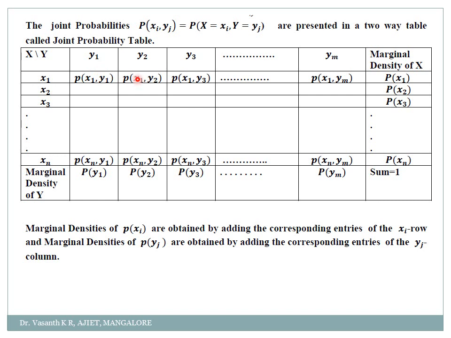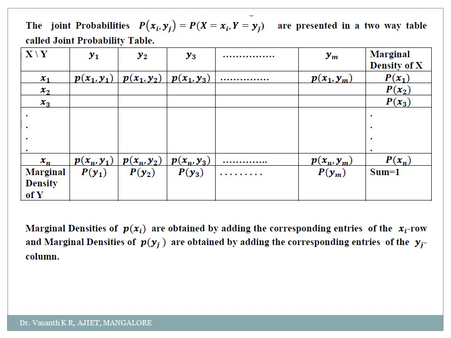This will be j of 1 comma 2. This will be j of 1 comma 3. That is one more notation. So instead of writing the joint probability of x1 y1, they simply write j11, j12, j13. Writing that will be easy, correct? J indicates the joint probability.